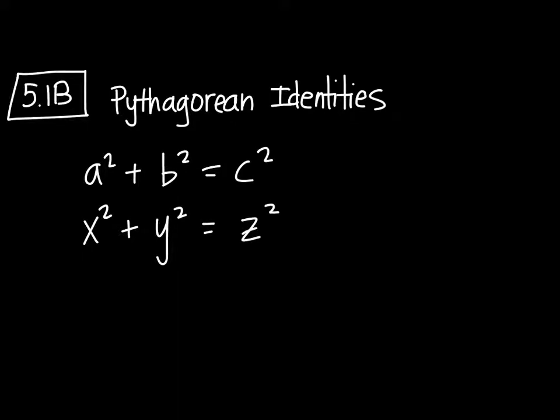But in trig, around the unit circle, what's x and what's y? x is cos squared theta, and y is sine squared theta. So what will that turn out to equal? Around the unit circle, what would cos squared plus sine squared work out to be?